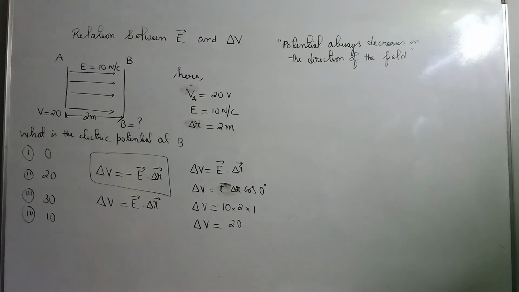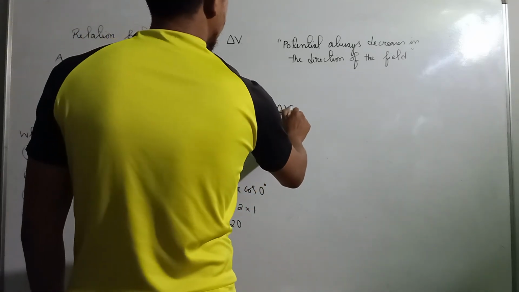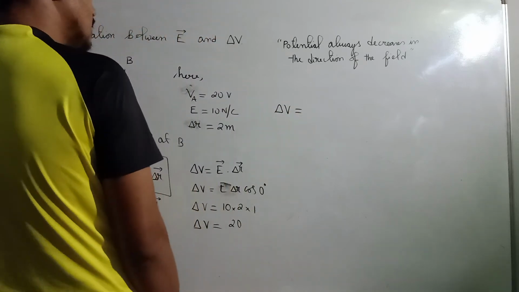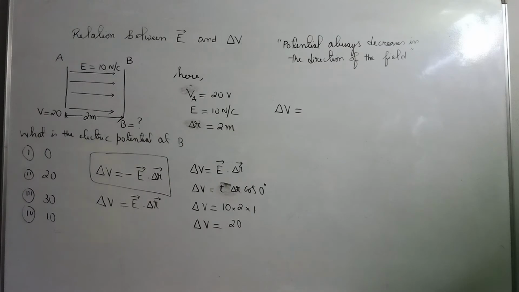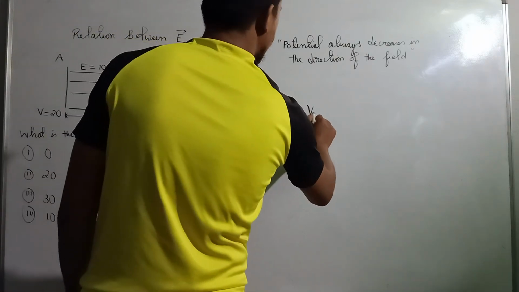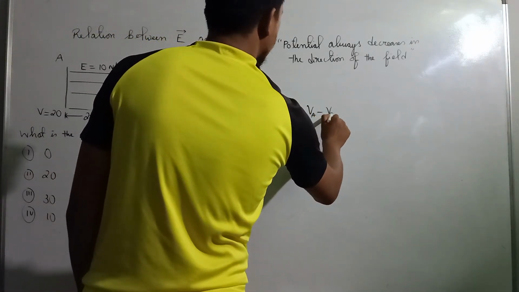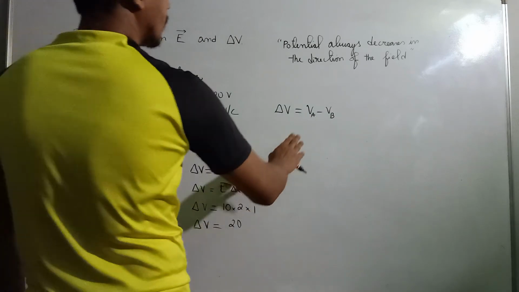So the potential difference del V means the difference, so which is at a higher potential, A or B? A, because the potential always decreases in the direction of the field, right? So VA minus VB. Correct? Okay.